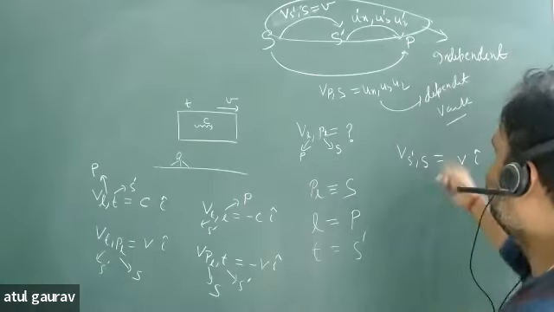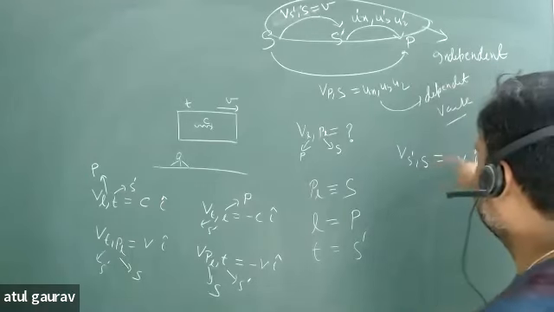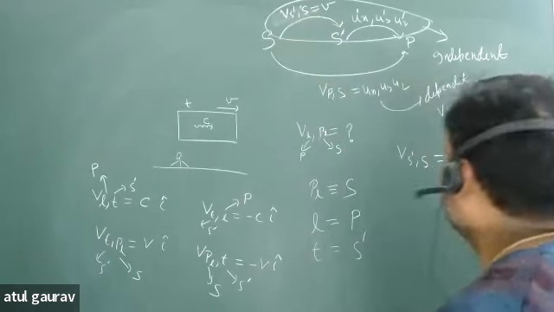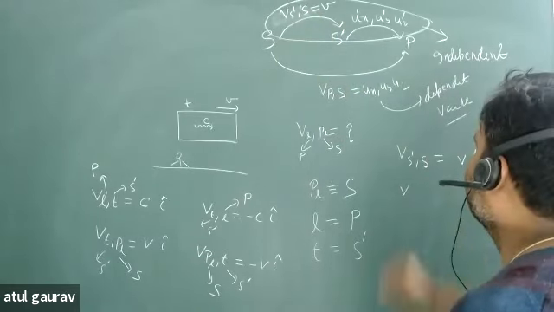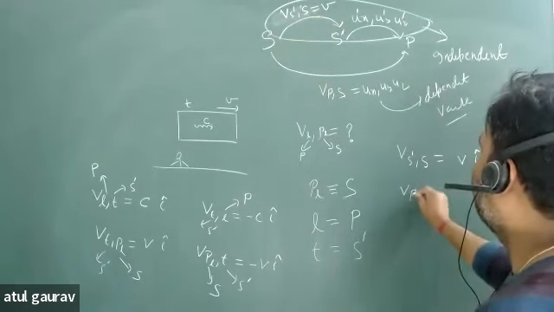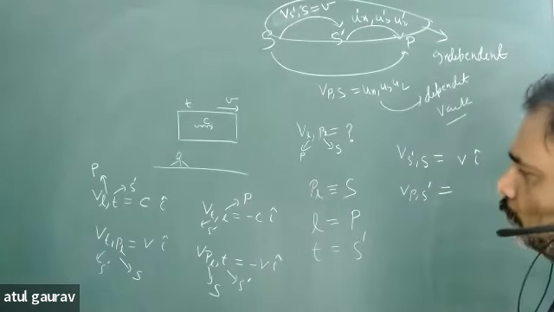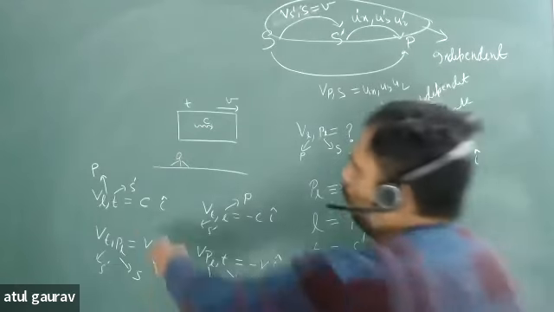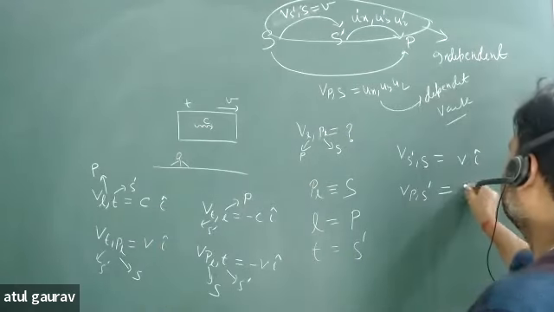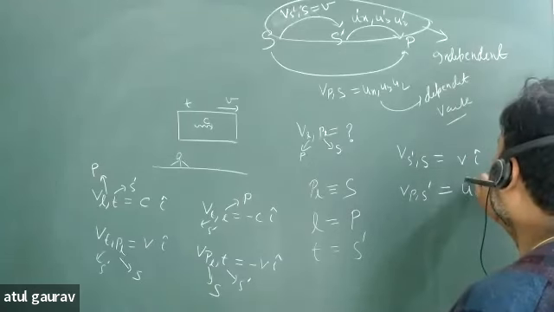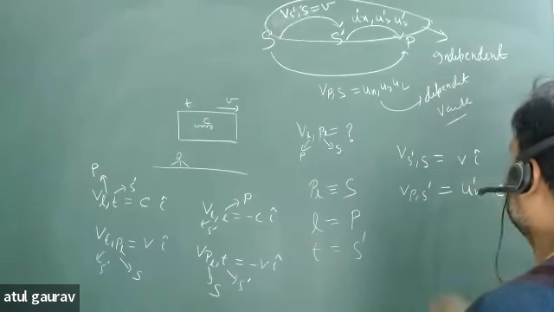So first independent thing you have identified: this is your velocity of S dash with respect to S. Second thing is the velocity of particle with respect to S dash. First one, C in I cap. So Ux dash is equal to C.